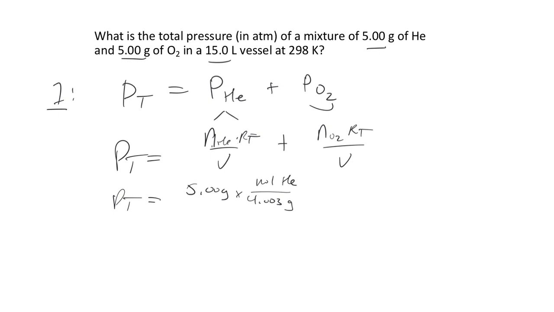I think it's 4.003. Yeah, we'll say 4.003 grams per mole, and then times R, and then times the temperature, 298 Kelvin, and then divide by 15 liters.